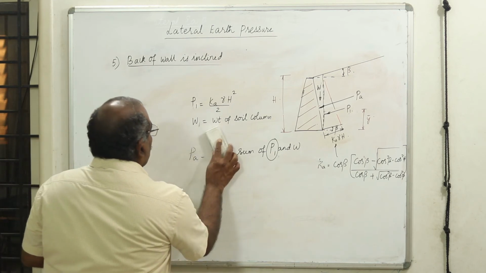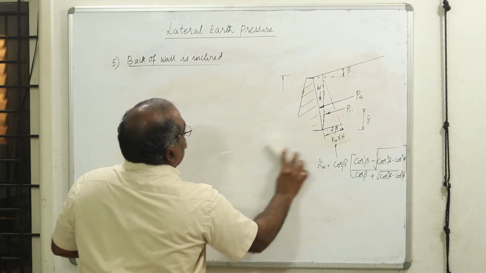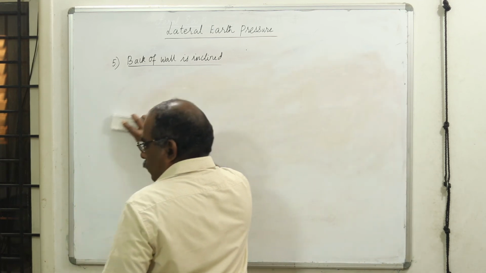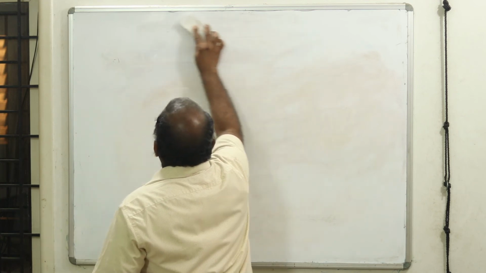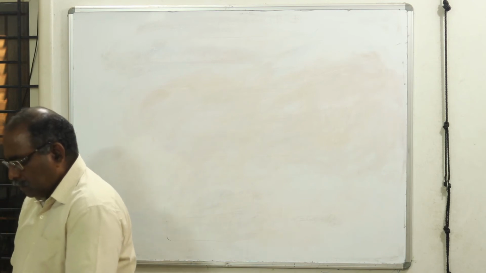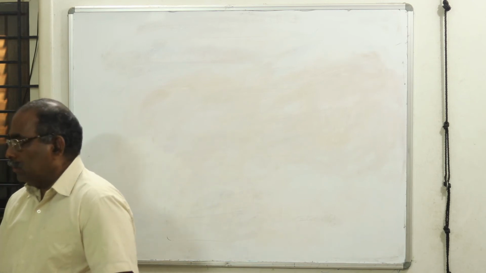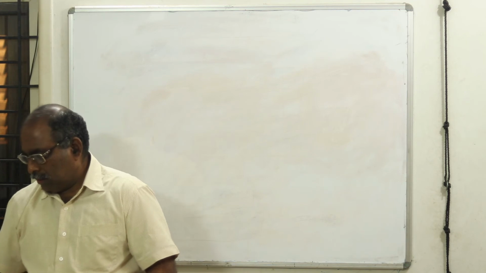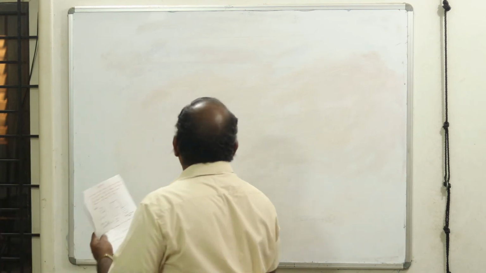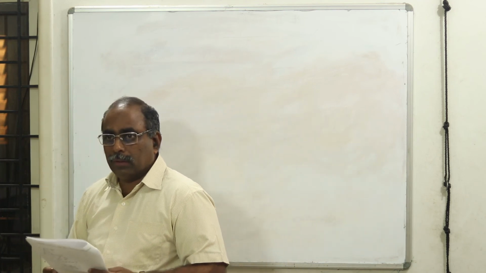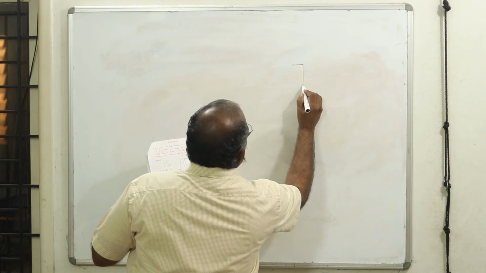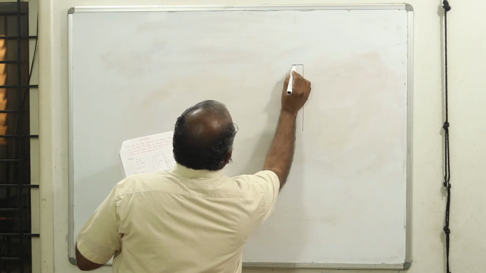Now we can take up some numerical examples. We take up a simple numerical example. Now we take up a retaining wall. This is a simple retaining wall with vertical back.